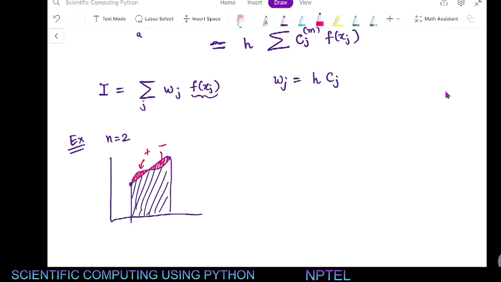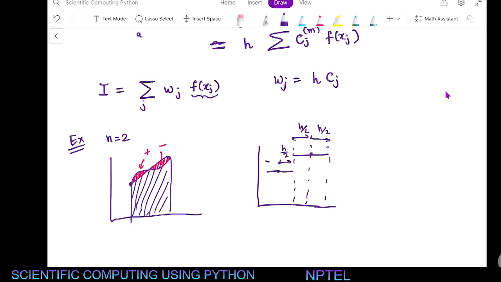One thing to notice is that it is the same as saying that our function is piecewise constant. In piecewise constant, we say that in both directions up to h by 2 it's constant. This is h by 2, h by 2. Now we want the area under this from a to b, so it will be this much area.